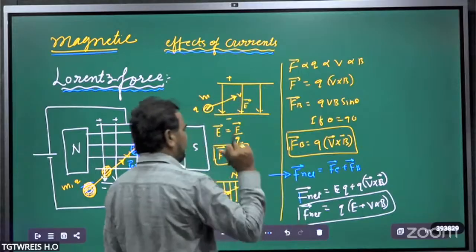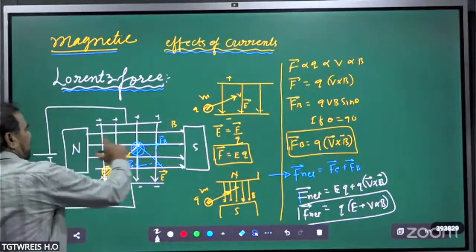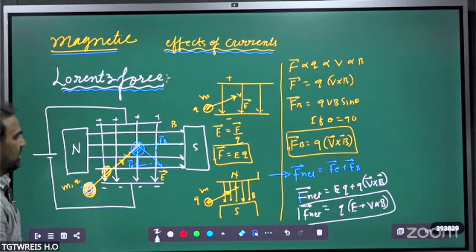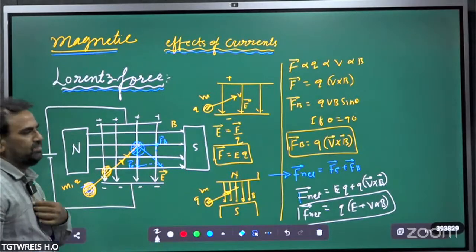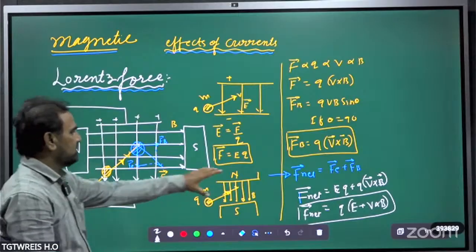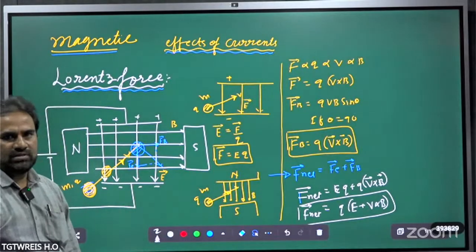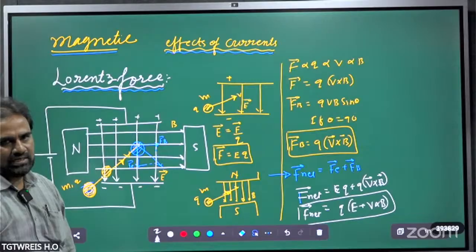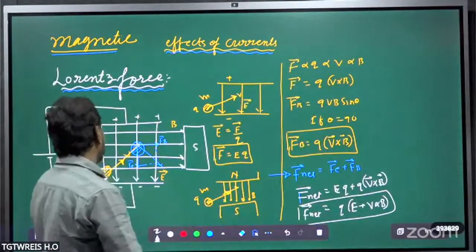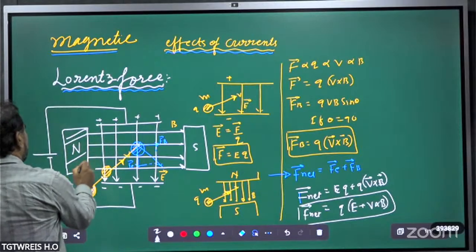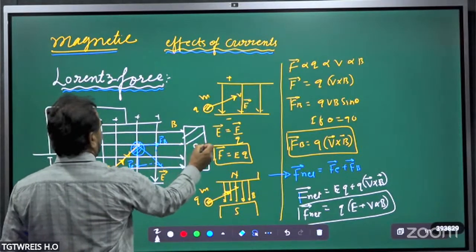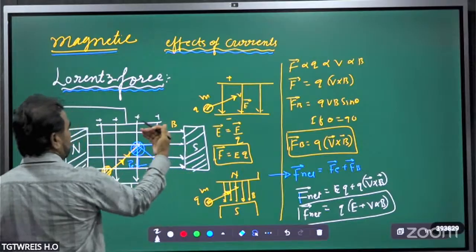When a charged particle crosses an electric and magnetic field, the net force acting on the particle is equal to the sum of the electric force plus the magnetic force. This force is called the Lorentz force. Okay, is it clear? Lorentz force means that when a charged particle enters both electric and magnetic fields, it experiences a force in the direction of the electric field and a force due to the magnetic field.